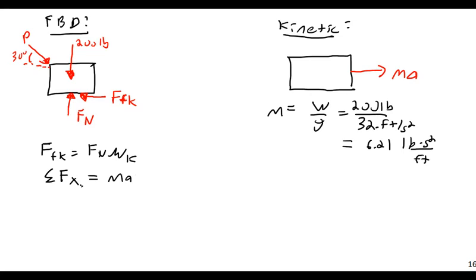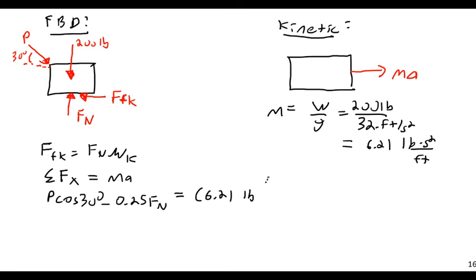This will produce P cosine 30 degrees minus 0.25 F sub n, the normal force, equals 6.21 pounds per second squared. This is the ma, essentially the m times the a.